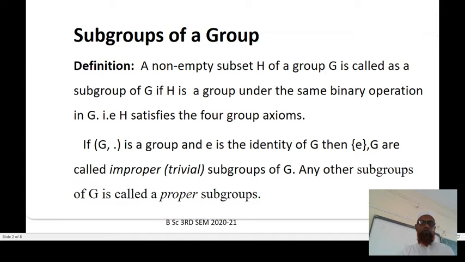If H also satisfies these four basic properties of a group, then H is called a subgroup of the group G. If (G, ·) is a group and e is the identity element of G, then {e} and G are called improper or trivial subgroups of G. Any other subgroup of G is called a proper subgroup.